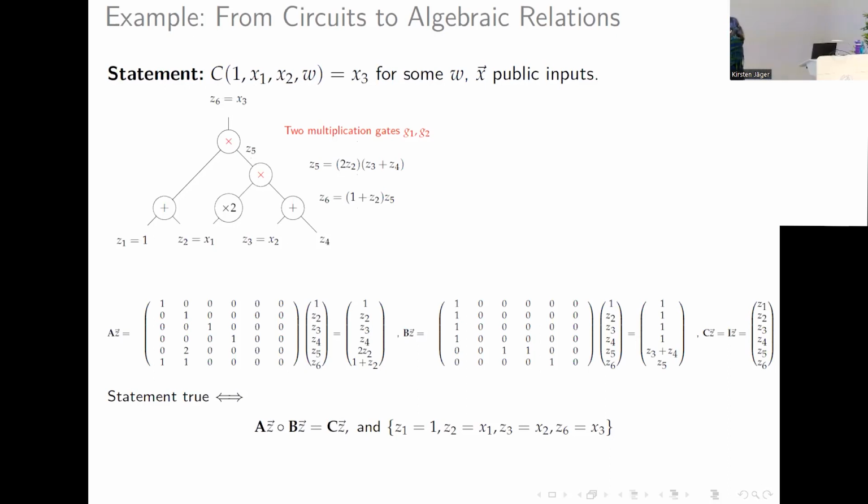And the other thing I want to highlight is that these matrices are more or less the size of the witness, which is essentially the size of the circuit. Technically, they are the size of the input plus the number of multiplication gates. Anyway, the point is that when the computation is large, these are very large matrices. If the verifier is sublinear, the verifier cannot even read these matrices.